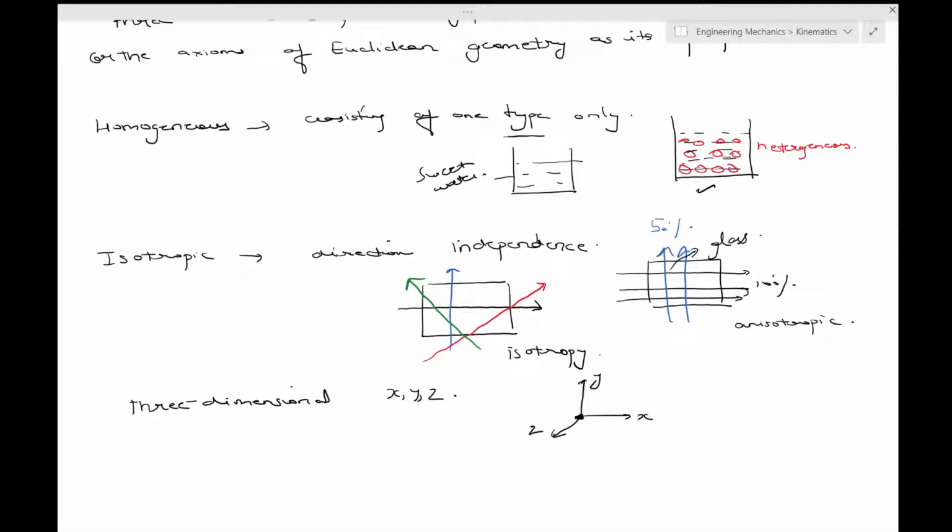Let's consider that the charges have to pass in the x direction, in the y direction, or in some other direction. It will have the same response, so it will have equal ease or difficulty to pass through. So that's the isotropic part.